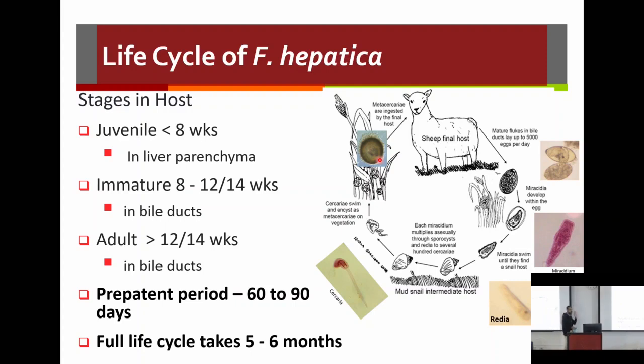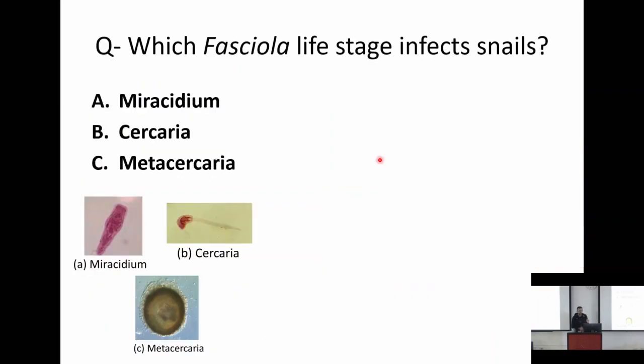Okay, so now I can check who understands the life cycle. Take out your phone, and we can go through some questions and see if you understand the life cycle correctly. So, which Fasciola life stage infects snails?